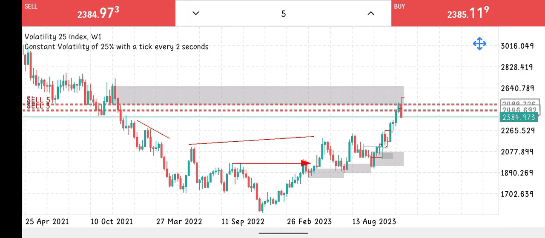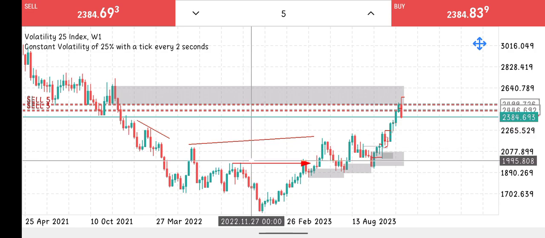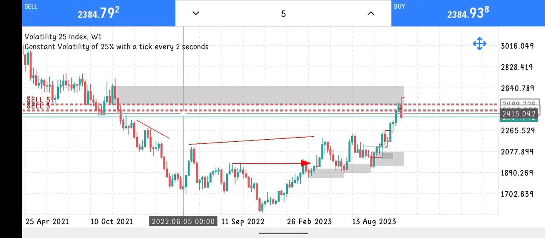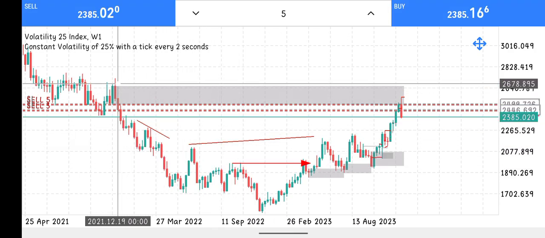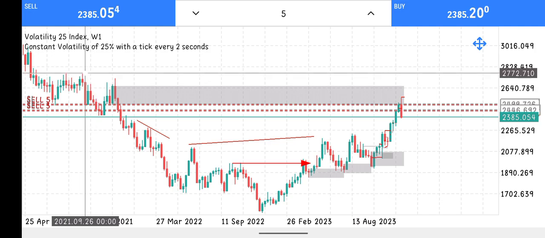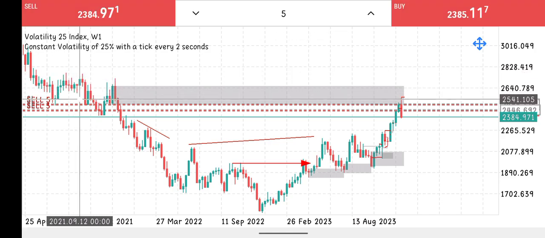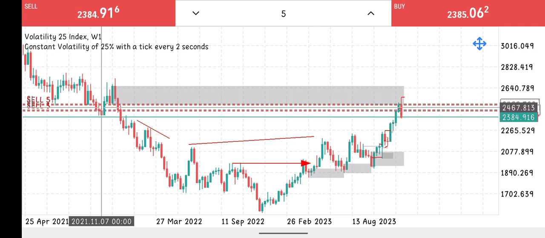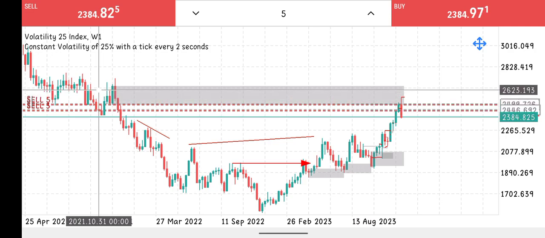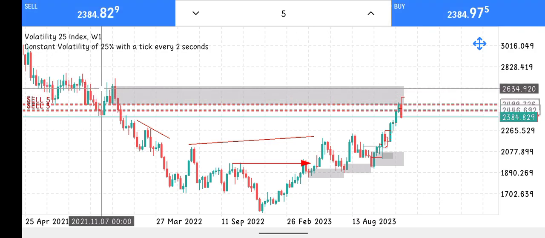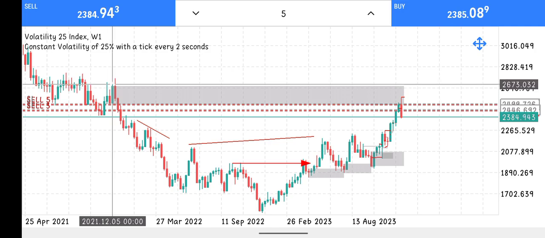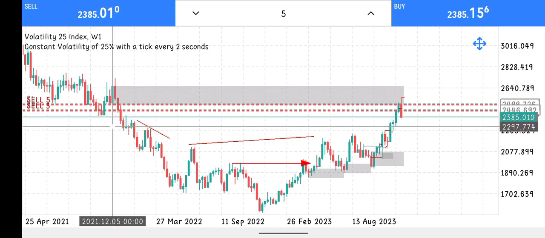Initially, price was trending downwards on the weekly time frame. Price came down here, broke structure, came here and met a supply zone. If you go down to the lower time frame, you will notice that it broke structure again.